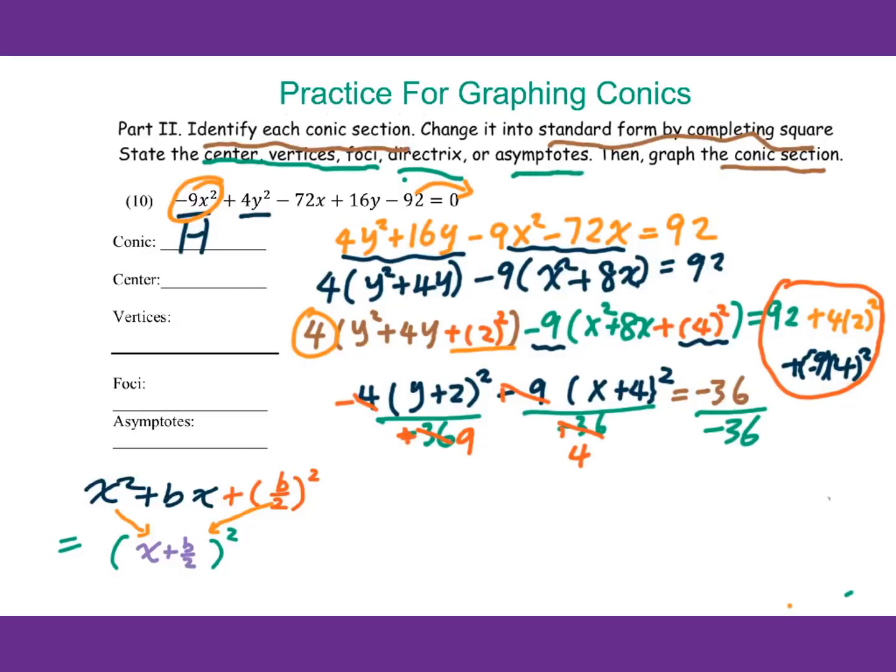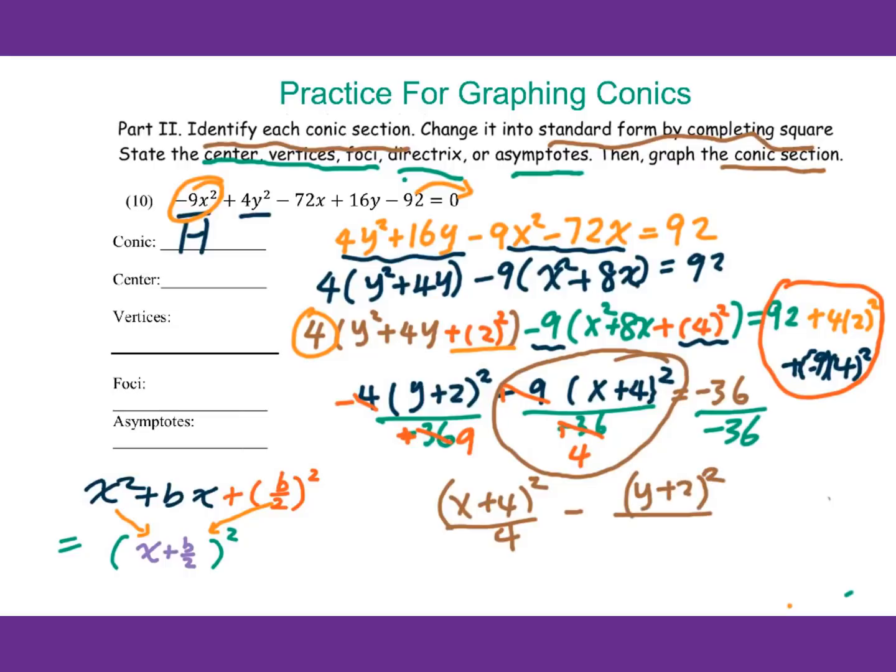Let's organize. We put the positive part to the front. So we got x plus 4 squared over 4 minus y plus 2 squared over 9 equals 1. Therefore, the center will be negative 4, negative 2.